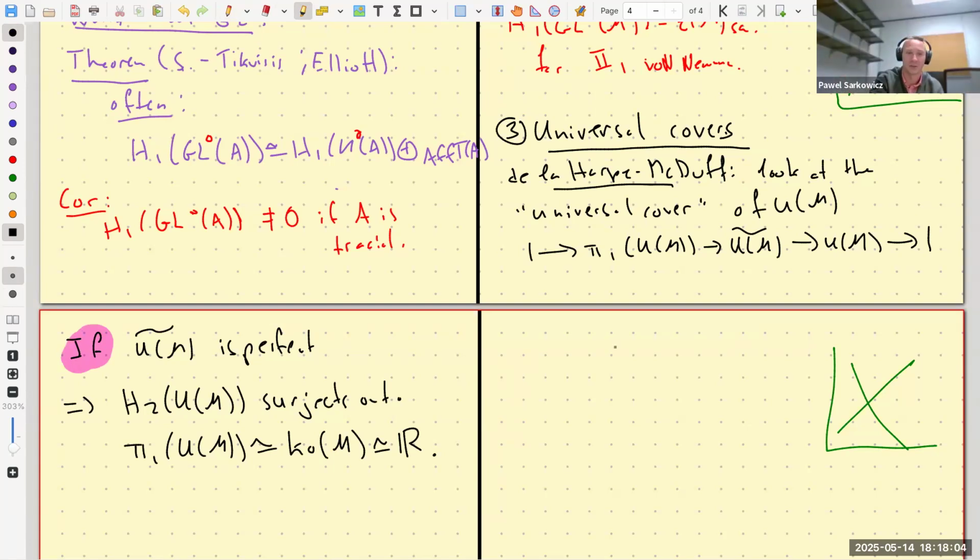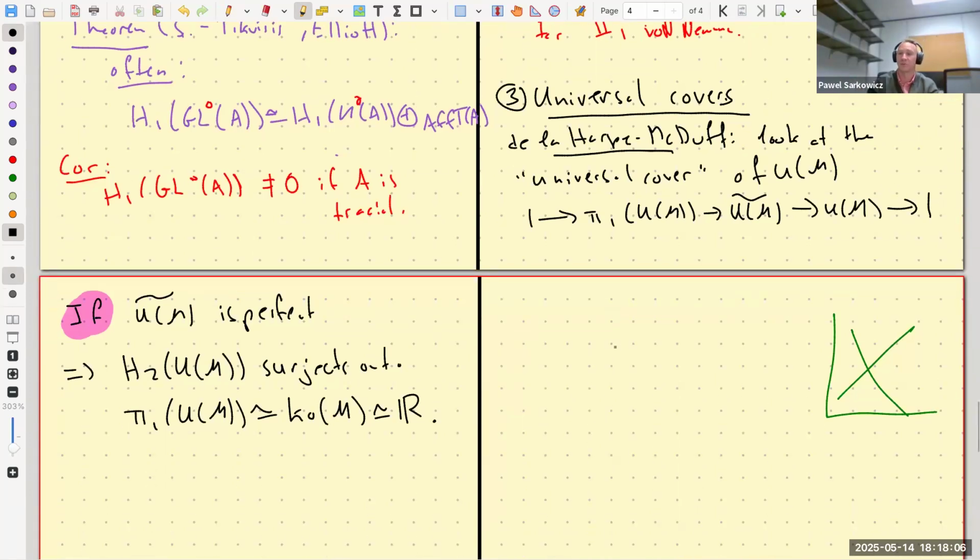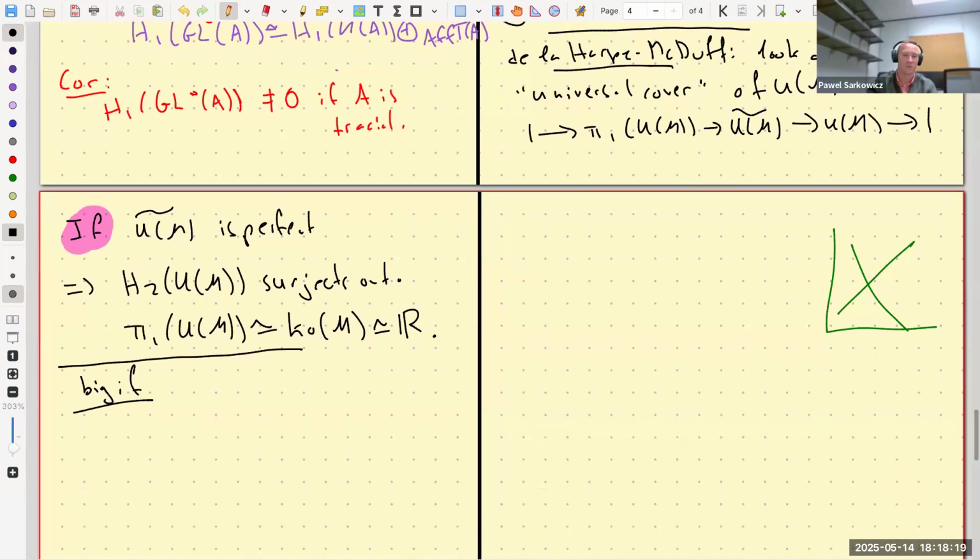So what I'm about to write down, it's not true that this is perfect. You can actually explicitly compute the universal cover. And that's what I'll get into next. So, big if. So what's the universal cover? Maybe for time's sake, I guess, I won't get into the exact definition because it could be quite bland. I'll say it out loud, but I'll just do an example, which is the standard example.